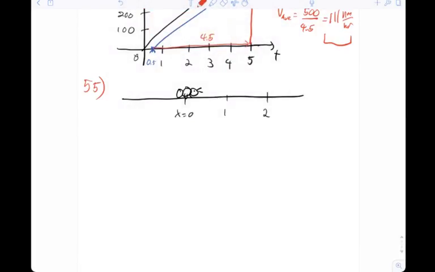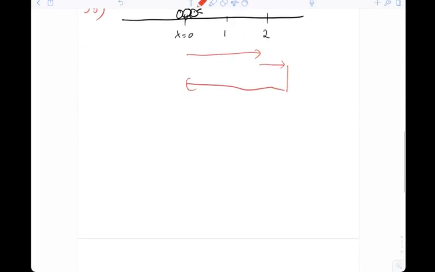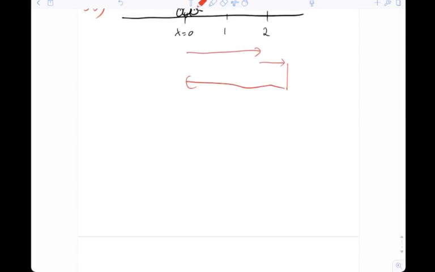First, they go to the right for a while, then they slow down, then they stop, and then they walk back home. So the question is asking us to draw a graph based on the information it provided.